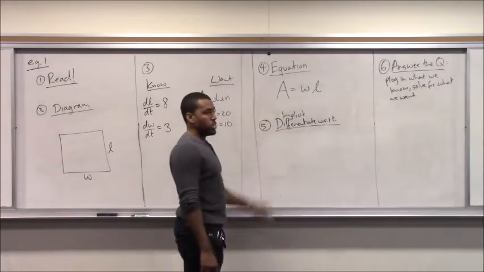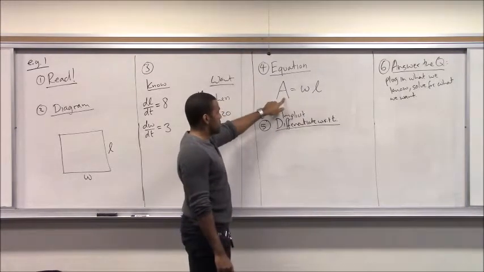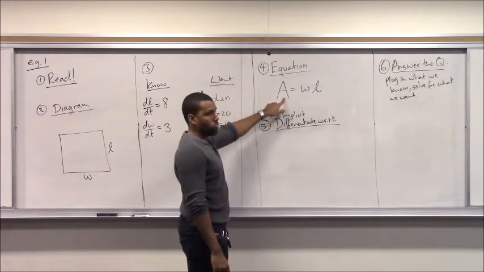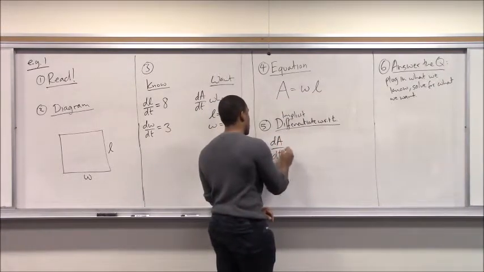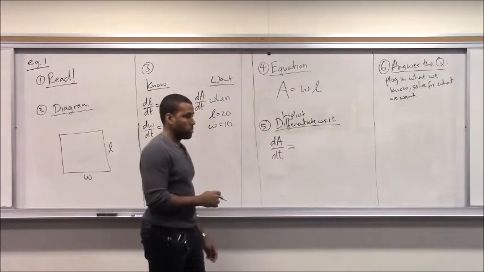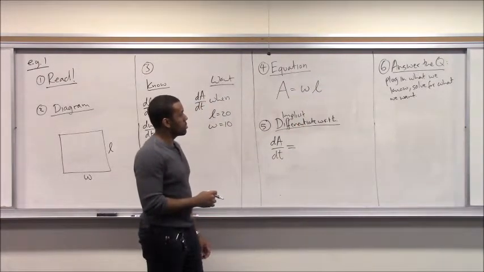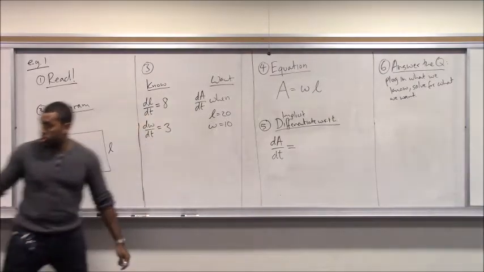Now you have the equation, you're going to differentiate this equation. What's the derivative of A? It's just dA over dt. How do I differentiate this side? It's the product rule because I have two functions multiplying each other.